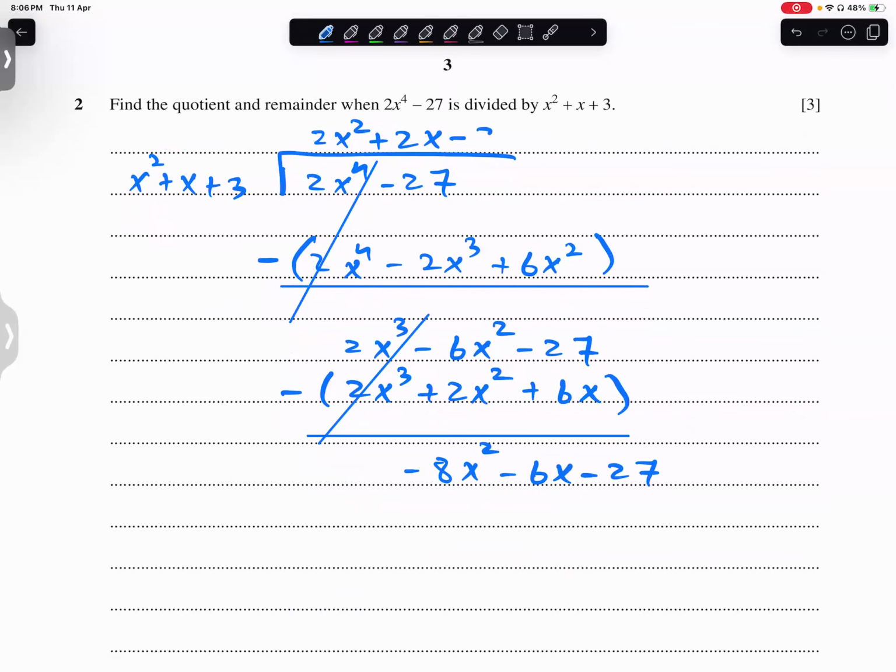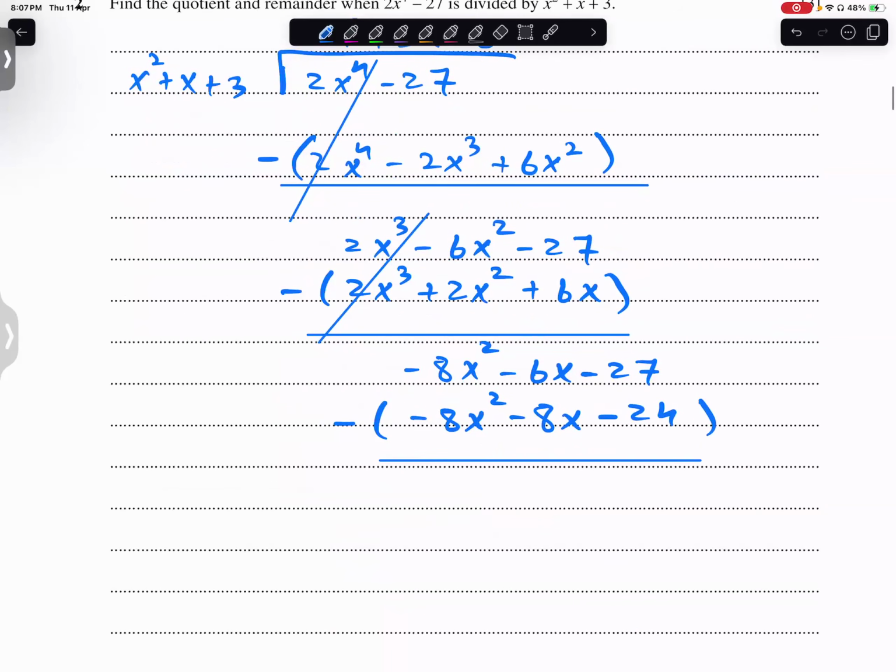Again, minus 8, and then minus 8x^2 minus 8x minus 24. And then after subtraction, you will get minus 6 plus 8 will be 2x, and then minus 3.